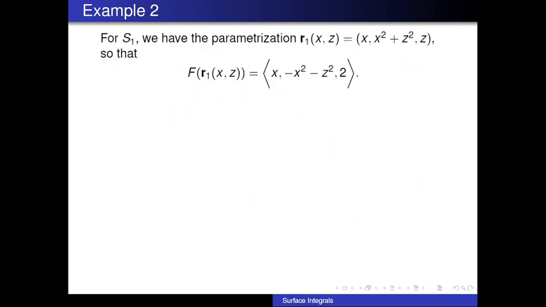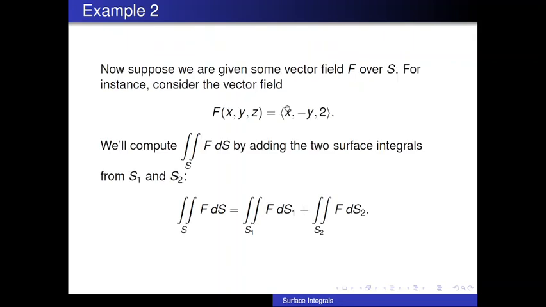So, recall for our first surface, S1, we had this parameterization: R1 of x, z was x in the first component, x squared plus z squared in the second, and z in the third. Now if we evaluate big F along that, let's go back here. Big F in the first component just is x.